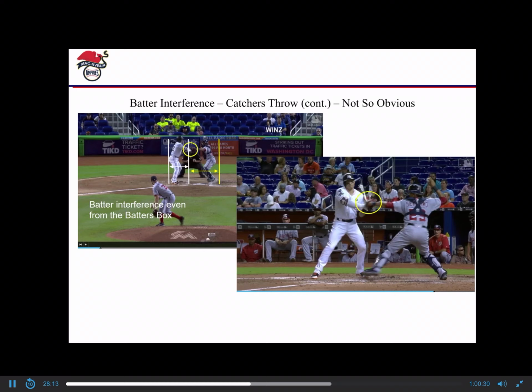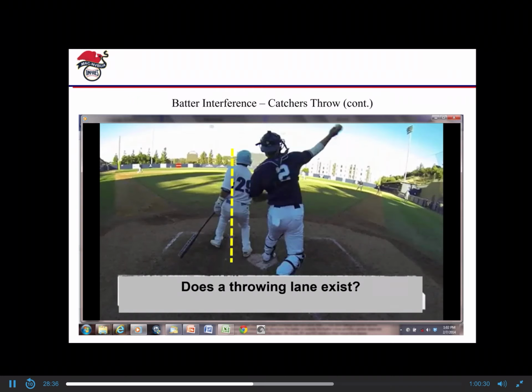But as you can see, the interference is not leaning over the plate. The interference is the result of the hands making contact with the catcher. Is it slight? Yes. Is it obvious? No. But this is a possibility where we have interference by the batter interfering with the catcher's ability to make a play on a runner who's advancing to a base.